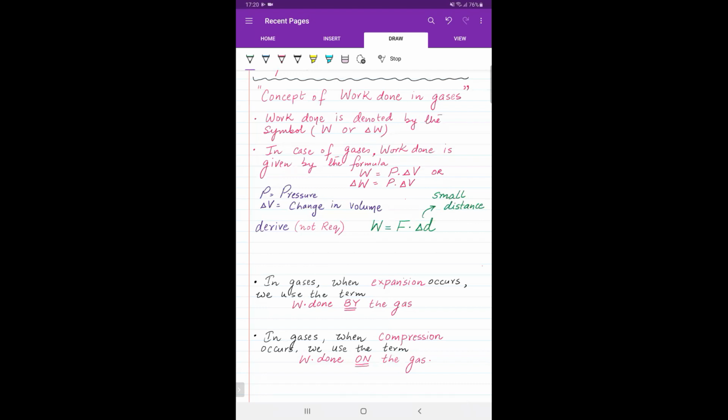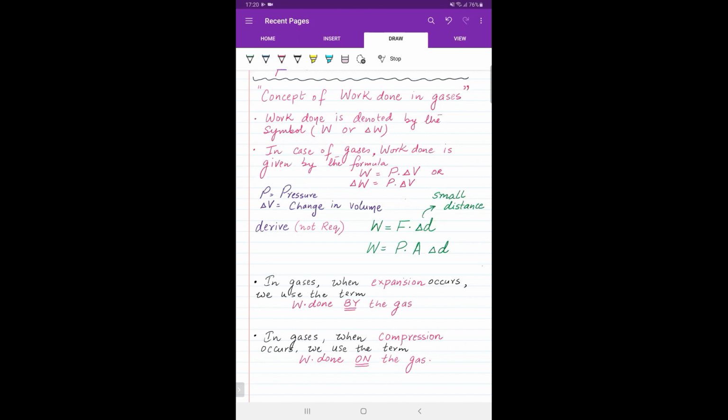Now again from O levels, you would remember force can be broken down and written as pressure multiplied by area. So the formula for work done, if simplified, can also be written as follows: P for pressure, A for area, delta D for small amount of distance moved.